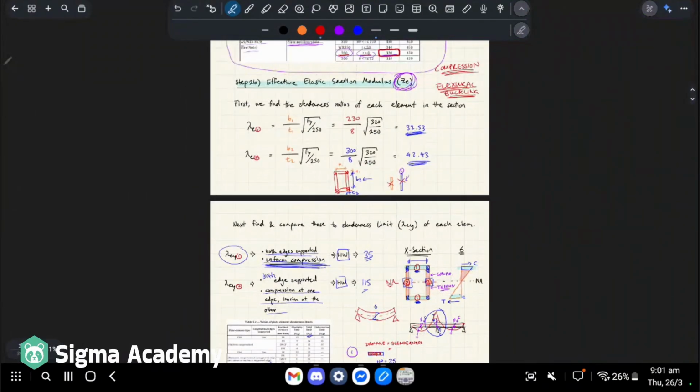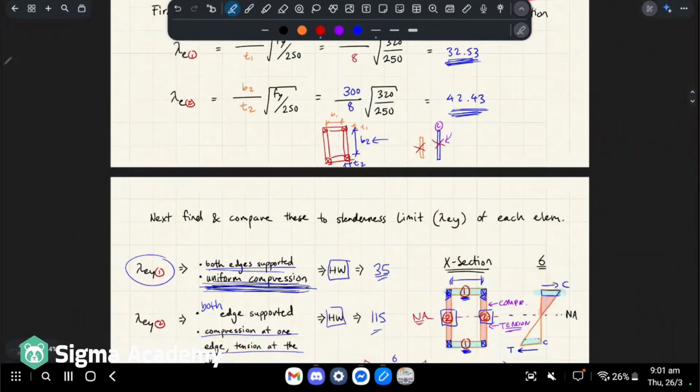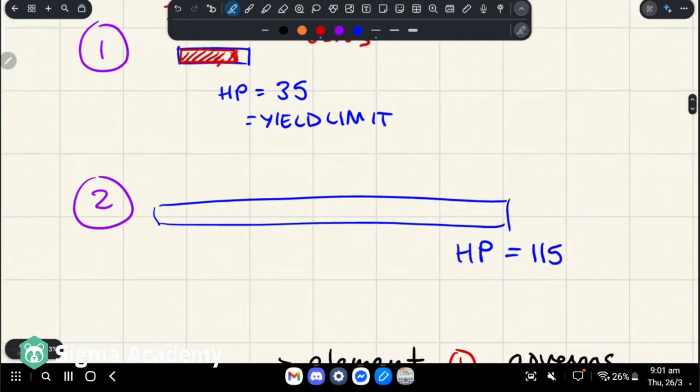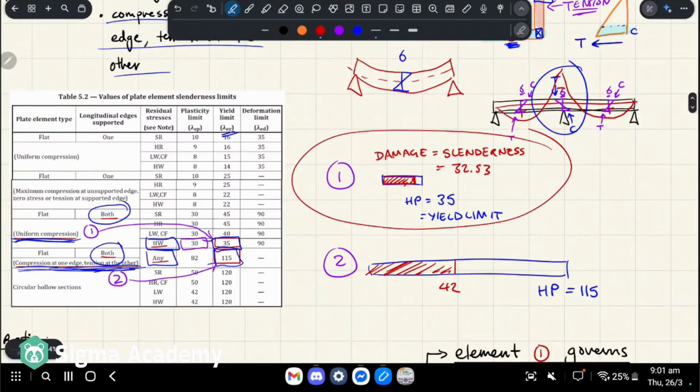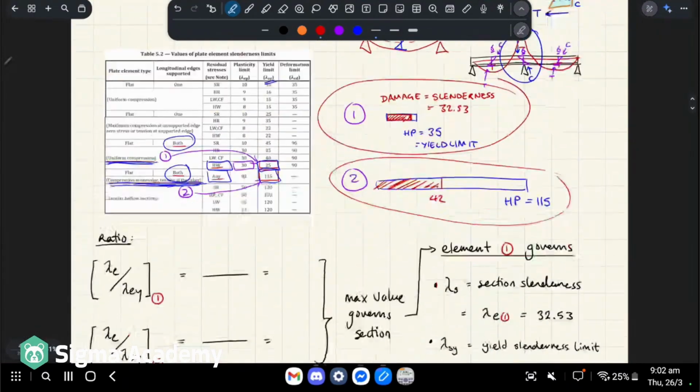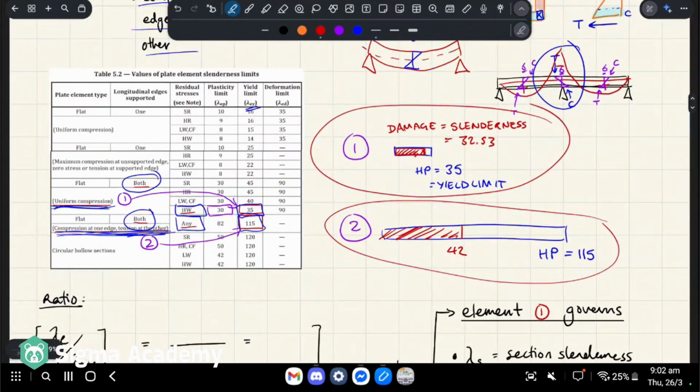And that was, what was it? 32.53. Okay, and then for element 2, 42 point, whatever. Let's do 42, okay? So essentially, what you want to look at is the damage to HP ratio, okay? And you can tell that the first one is pretty close to its yield limit, right?